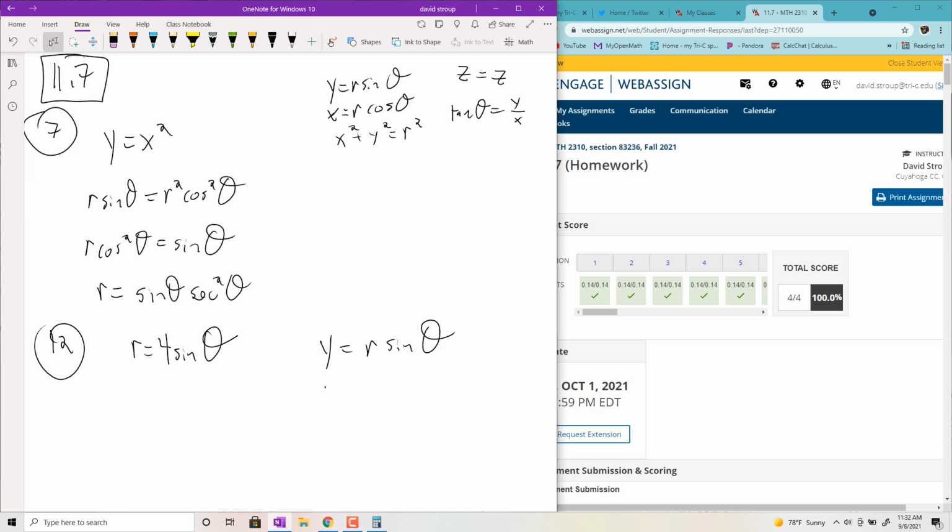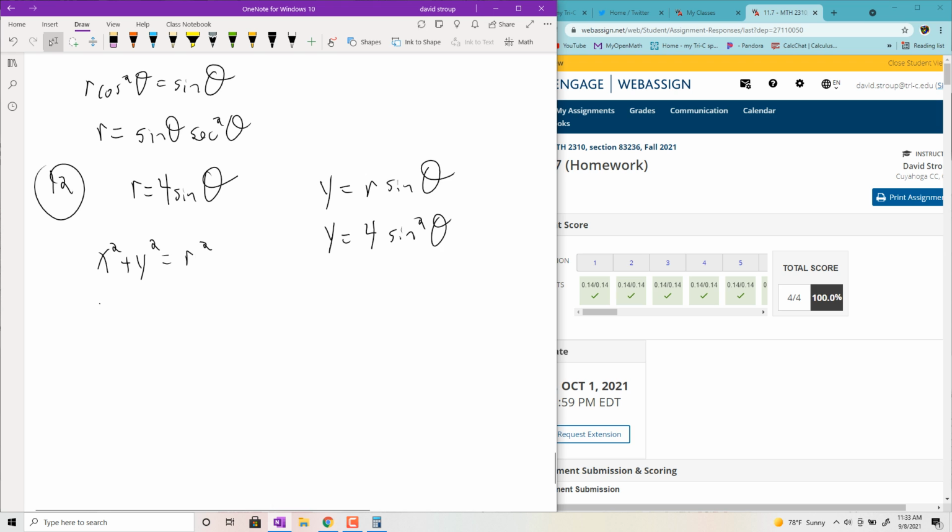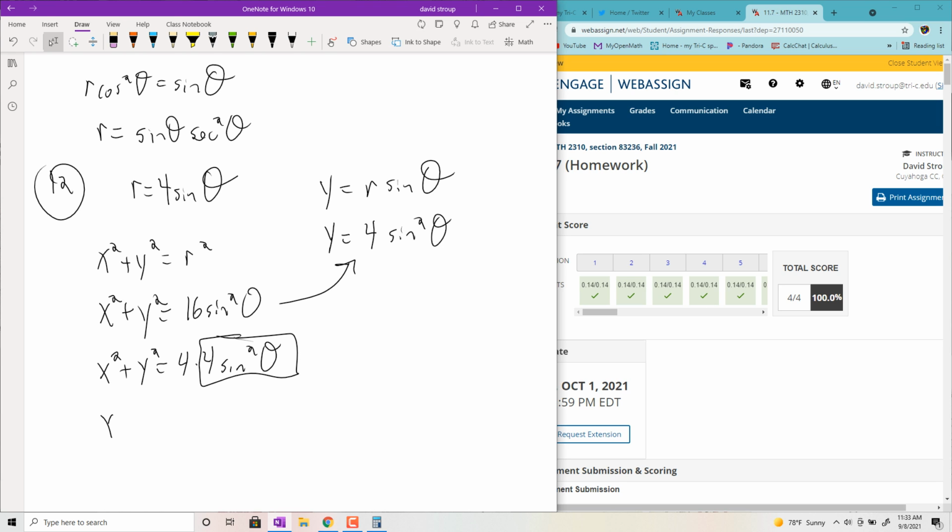So I could rewrite y as 4 sine squared theta, and that helps because I'm going to use the equation x squared plus y squared equals r squared. R squared on the right-hand side is going to be 16 sine squared theta, which looks an awful lot like this, right? So what you do is just factor the 16 into 4 times 4. And then this thing right here becomes your y. So you've eliminated your y term.